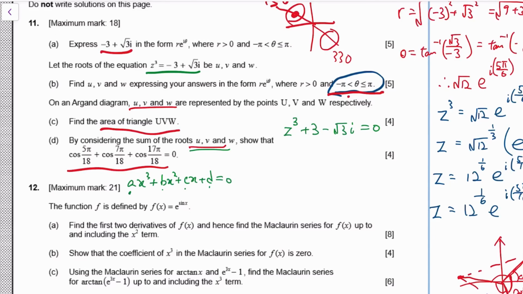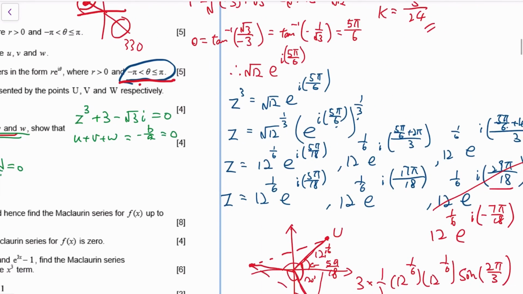Okay, so the sum of roots, u plus v plus w, these are the roots. Sum of roots is negative b over a, but b itself is 0, so that's 0. But what are u, v, w? These are u, v, w.